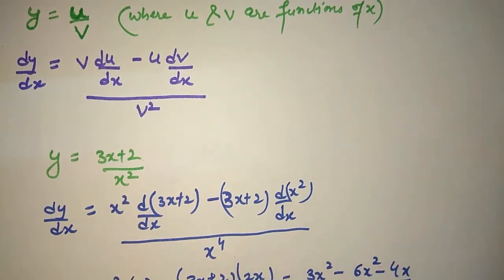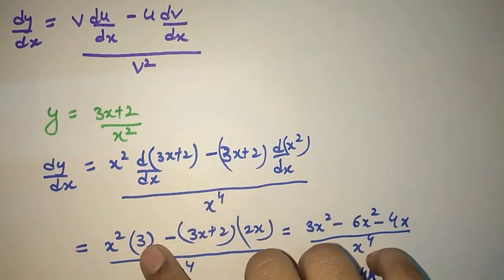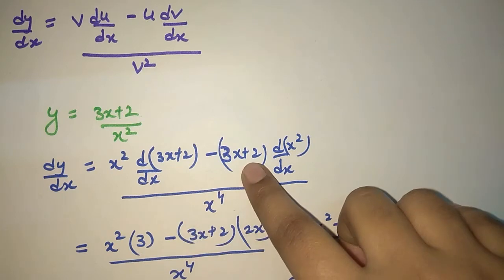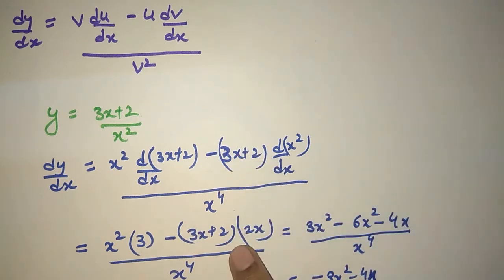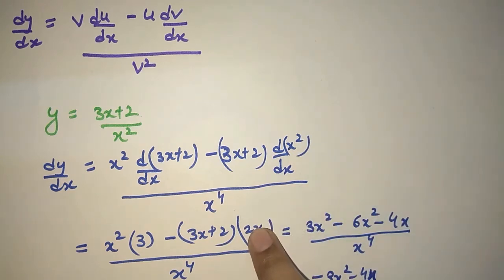Now after finding the derivative of 3x plus 2, we have 3 and we have written x square as it is, minus 3x plus 2 remains as it is and derivative of x square is 2x.